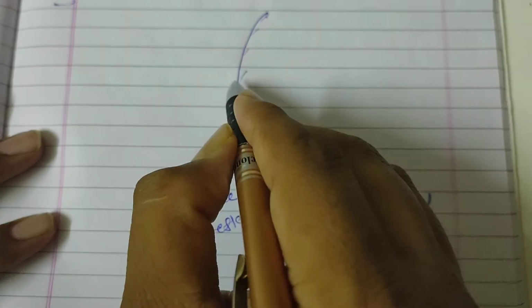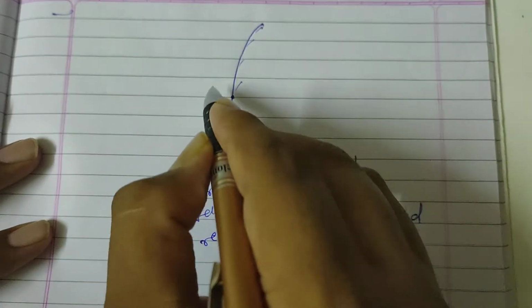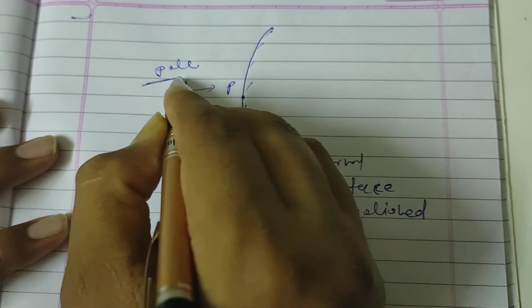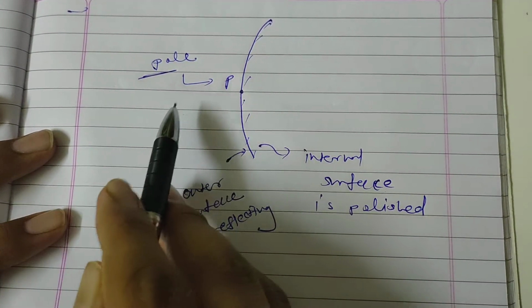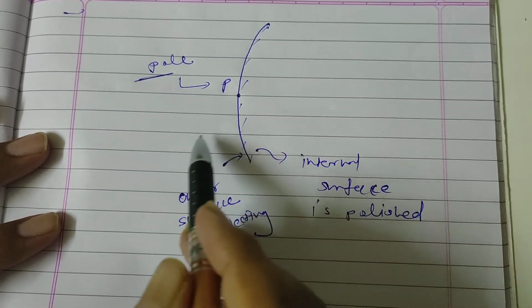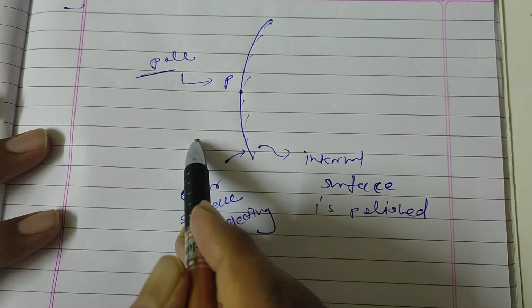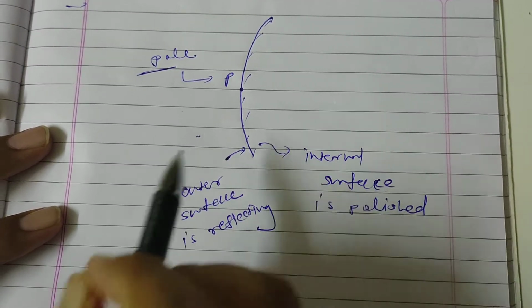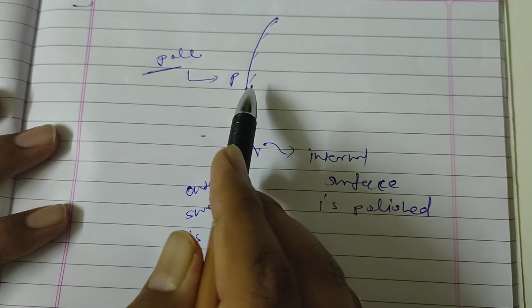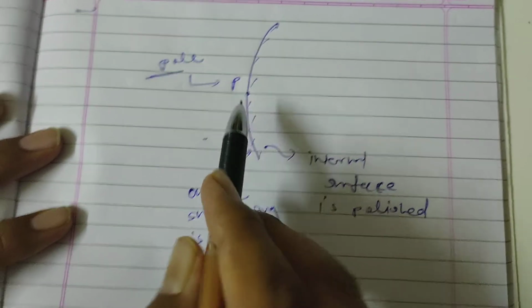Same is here, the center point of mirror is called pole. So if the light ray comes from any direction, then it is reflected from the outer surface, but it is not reflected from the internal surface. That is the diagram of convex mirror.